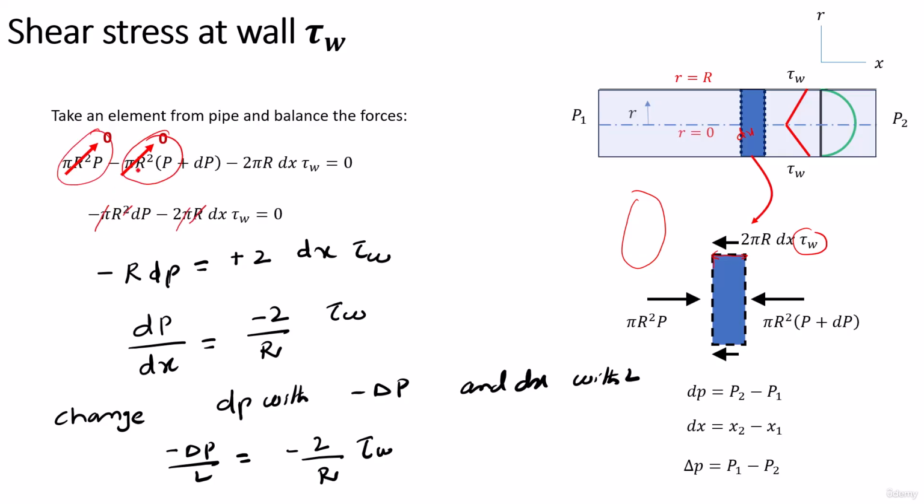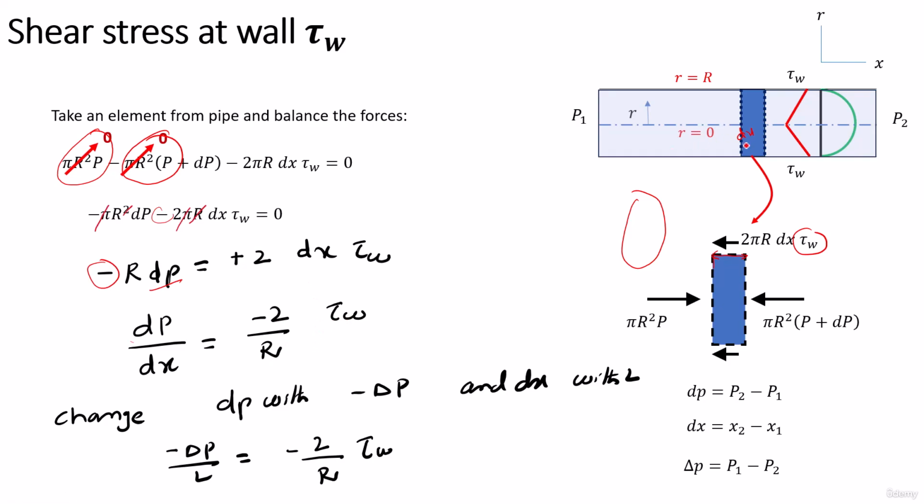We get minus pi r square dp and 2 pi r dx tau wall. We can cancel out the common terms, pi and one r, and finally we get r dp. And this term, if you take it to the right hand side, becomes plus 2 dx tau wall. From here I can write dp by dx is equal to minus 2 upon r tau wall.